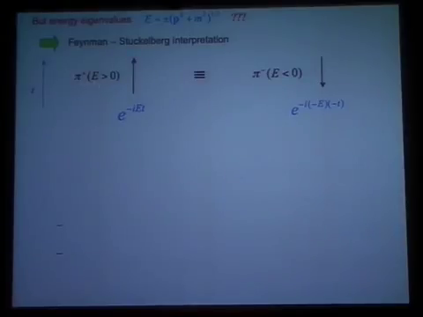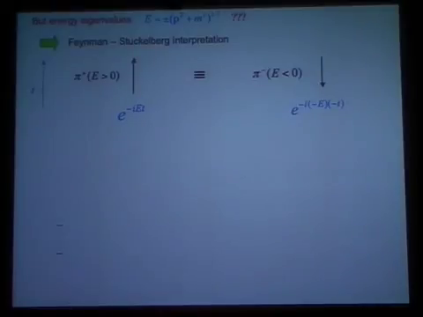Now, consider a pi plus interacting with our electromagnetic field. So the pi plus comes in at time t1, it interacts in the potential, then interacts at time t2 again with the potential and comes out. And the final state and the initial state are the bits beyond the extent of the potential.